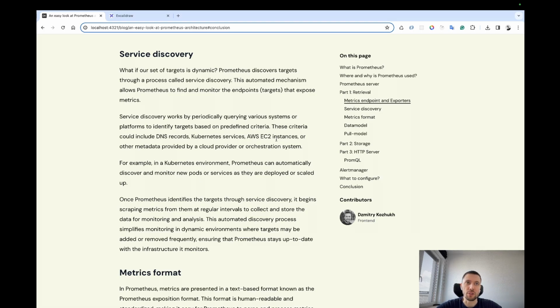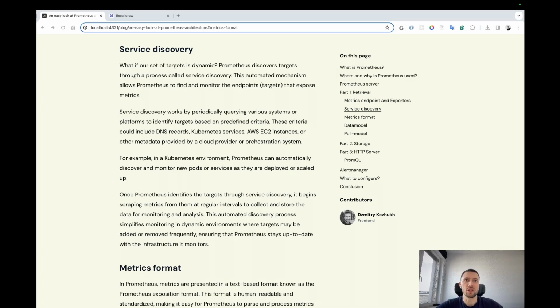These criteria might involve DNS records, Kubernetes services, AWS EC2 instances, or other metadata supplied by a cloud provider or orchestration system. For instance, within a Kubernetes environment, Prometheus can autonomously discover and monitor new pods or services as they are deployed or scaled up.